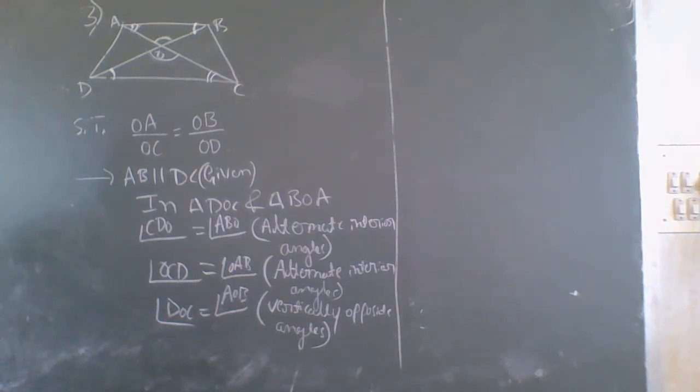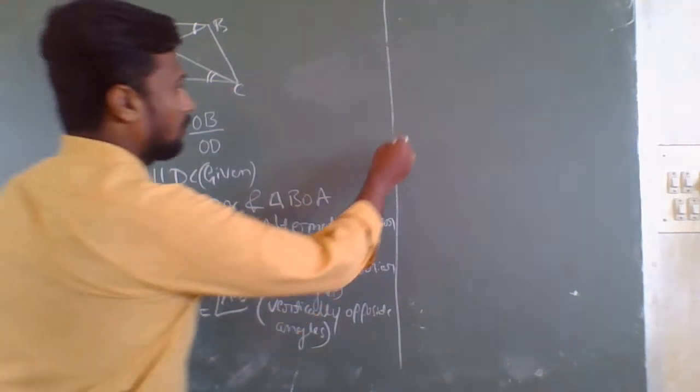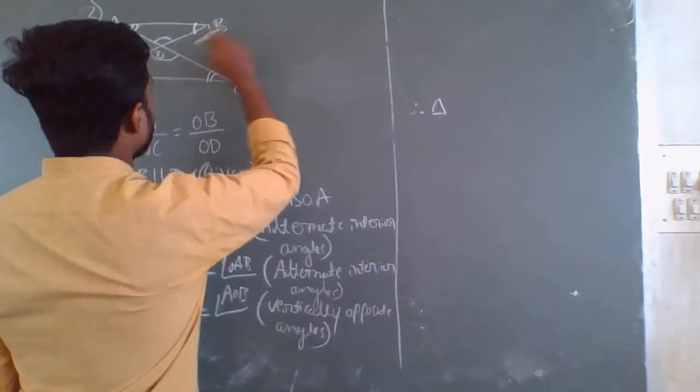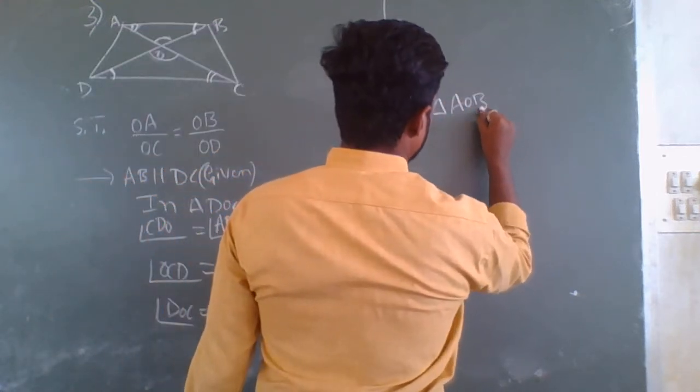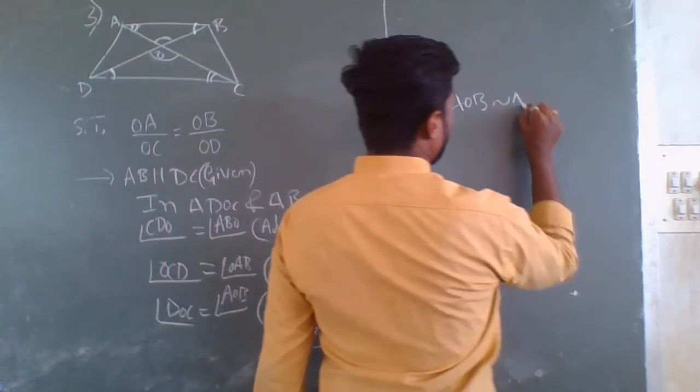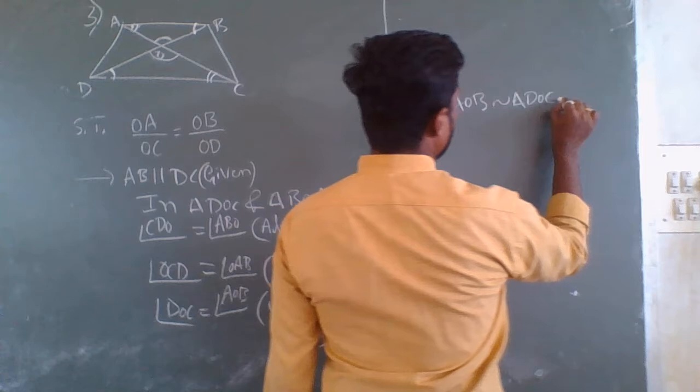Therefore, now we can write triangle BOA is similar to triangle COD. Therefore, triangle AOB is similar to triangle DOC.